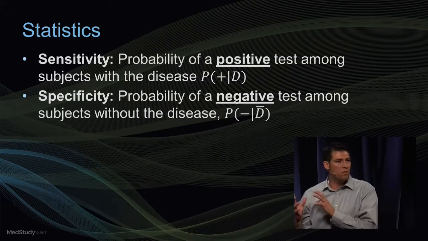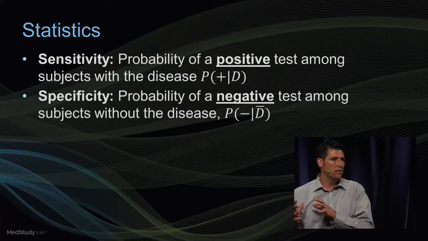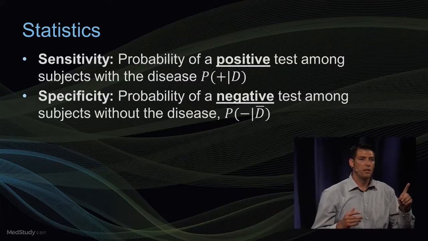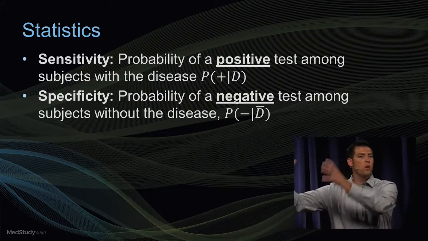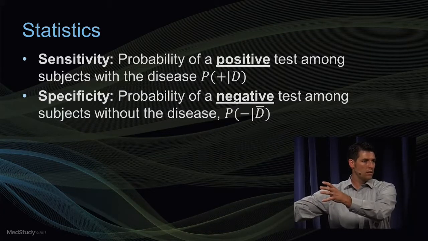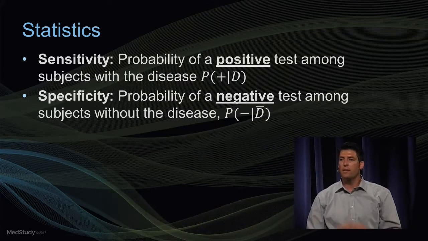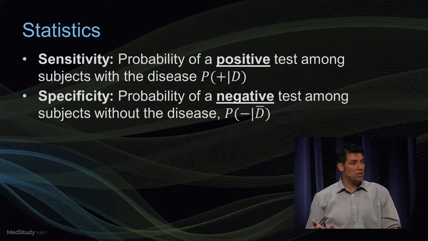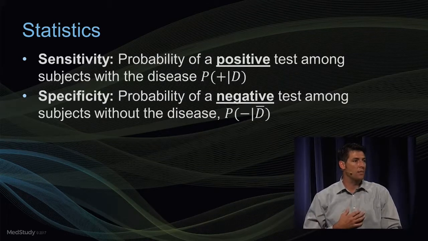What's the other piece of the puzzle that we need to evaluate a diagnostic test? The specificity. So the specificity is now I take a whole bunch of people that I know don't have the disease, and I give them my diagnostic test, and I see how many times that turns up negative. And if my diagnostic test is good, it will turn up negative a large proportion of the time.